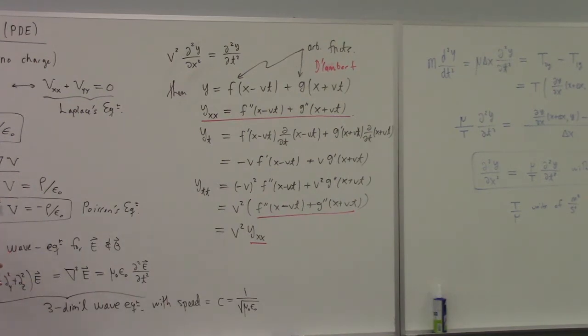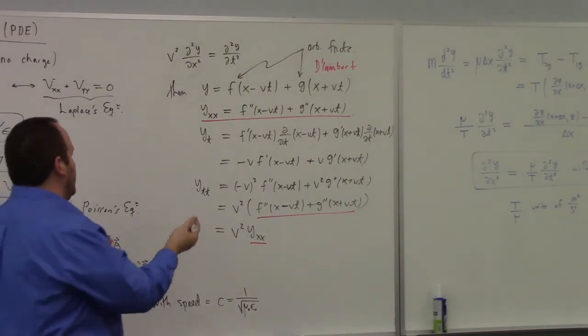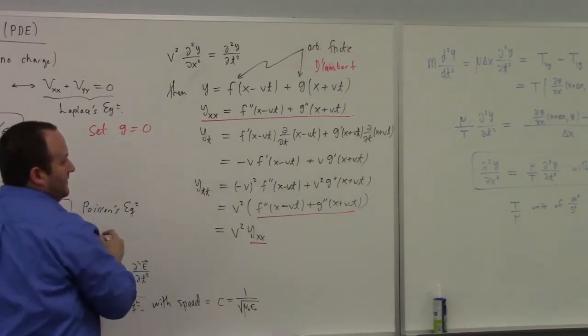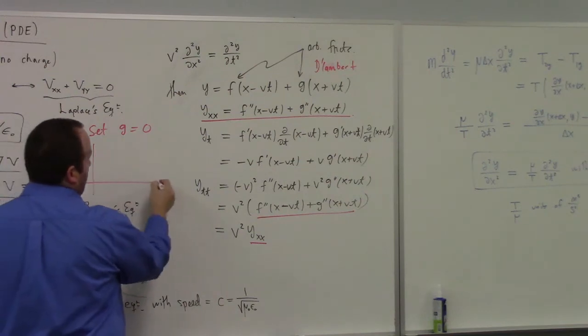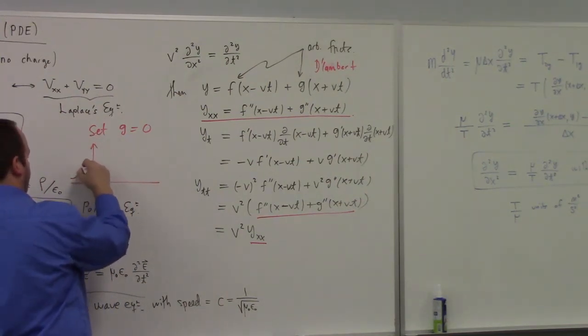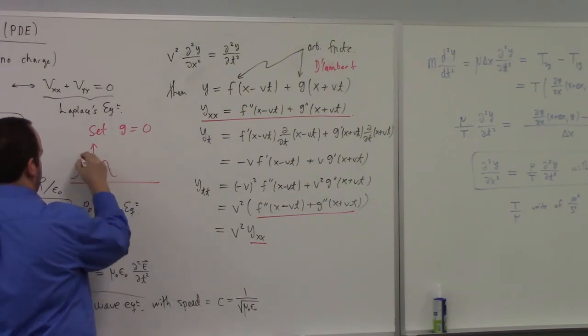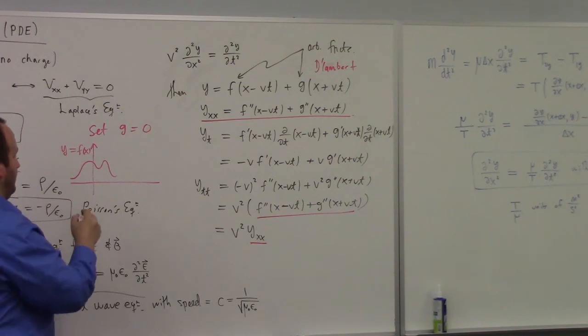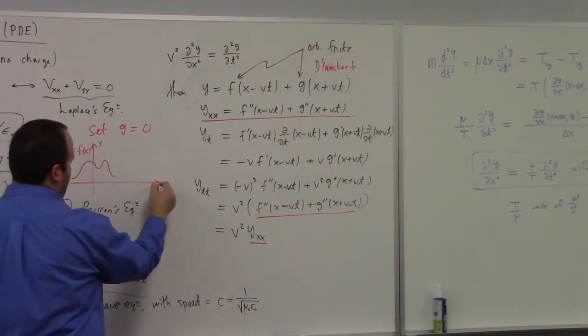Can you understand what this is like graphically? Let's just set g equal to 0 for a second, all right? And suppose that y equals f of x looks like this. Here I'm looking at y, here I'm looking at x.